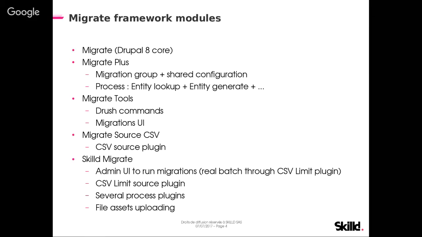It also provides several process plugins, and another thing it provides is file assets uploading. If your migrations require some files to be attached to entities, like user images attached to contact taxonomy terms you will be creating, or some documents attached to your nodes, then file assets uploading is a feature you will be using.